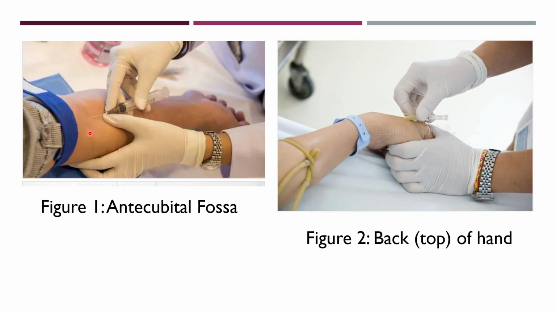Sometimes in patients such as diabetic patients, or patients having higher fat value, obese people, it is very hard to take blood from this area. So in some cases we can also take venous blood from the back of the hand as well, and this procedure will also be similar.